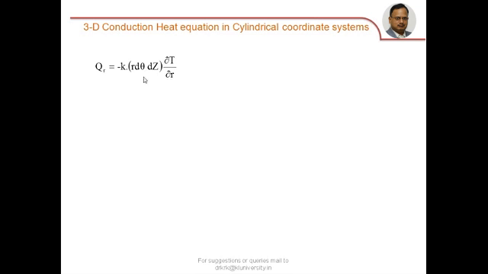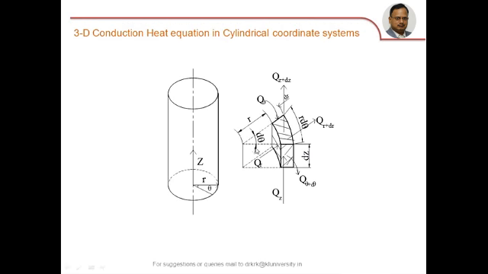Here the area is the area normal to the radial direction. Carefully observe here. In the radial direction, heat is going as shown by this arrow, Q_r. Look at the pointer. To this Q_r, the area normal to the direction is this face, having length r d theta and height dz.